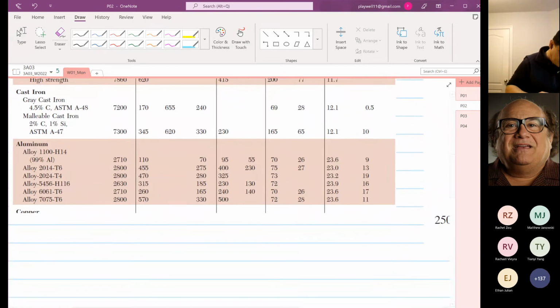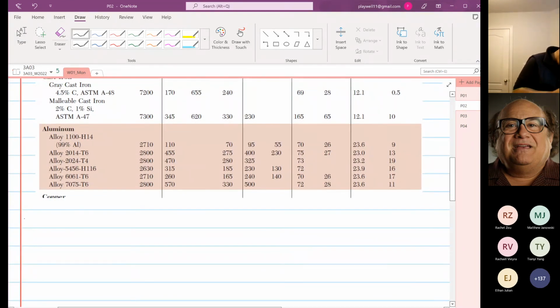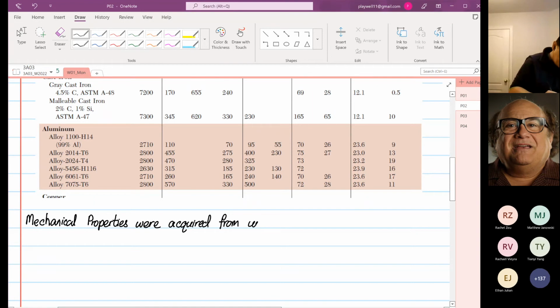The data or mechanical properties were acquired from uniaxial test configuration.